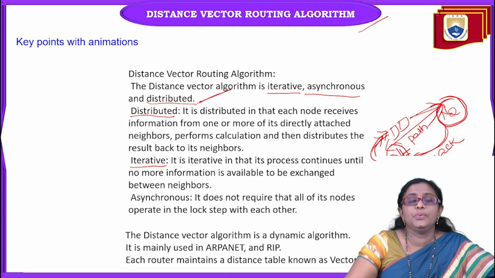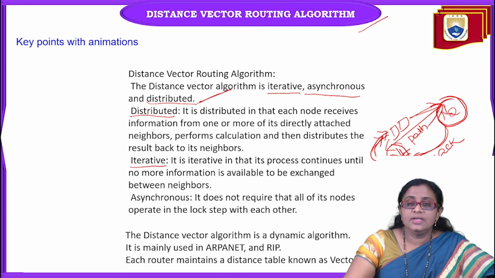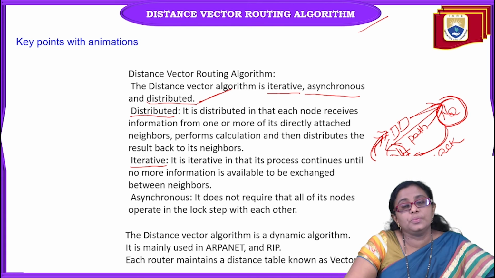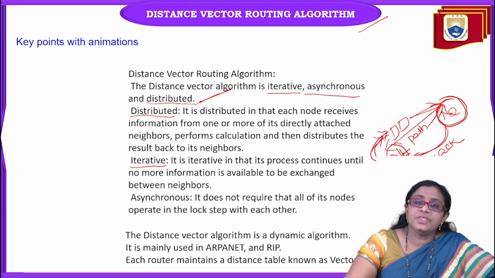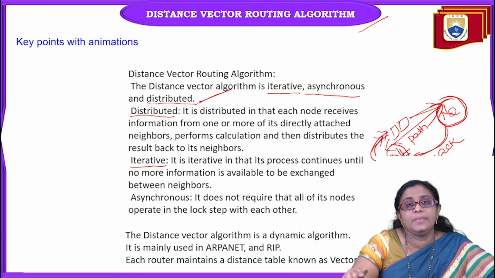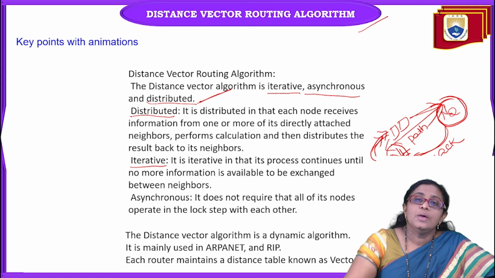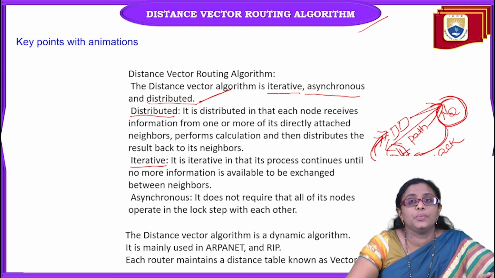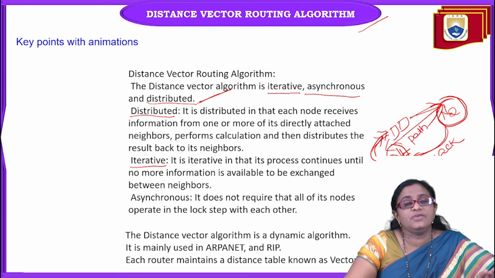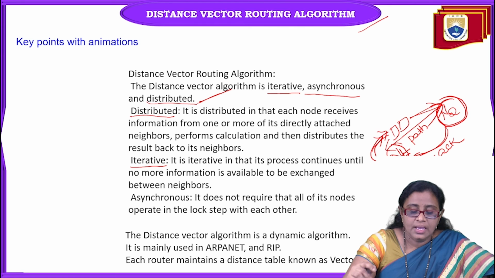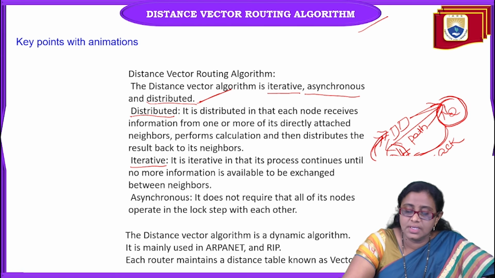Distributed means each node has several neighbouring nodes, and the information can be passed or shared from one node to another node through the links attached between them. Each node performs the calculation and then distributes the information it got, and the result it gets back to its neighbors.